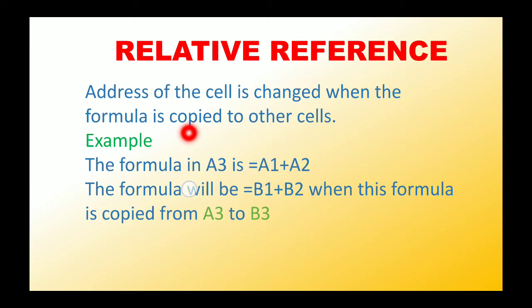If we copy that formula from one cell to another cell, then the references used in that formula will be changed according to the original cells. So the cell addresses will change, and this kind of cell reference is called a relative cell reference.